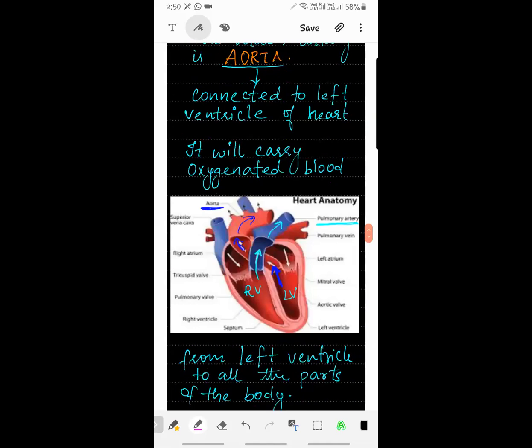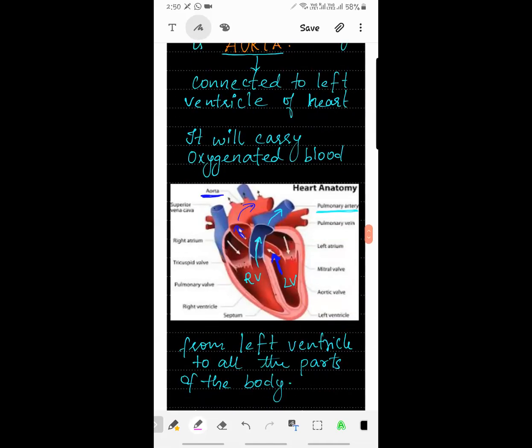Why? You see in this picture, this is the pulmonary vein.